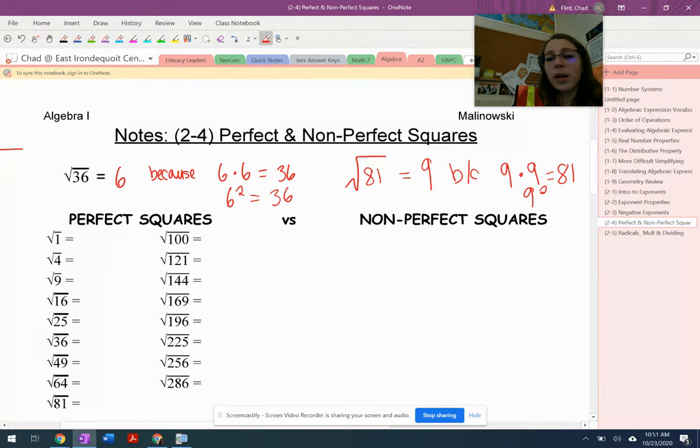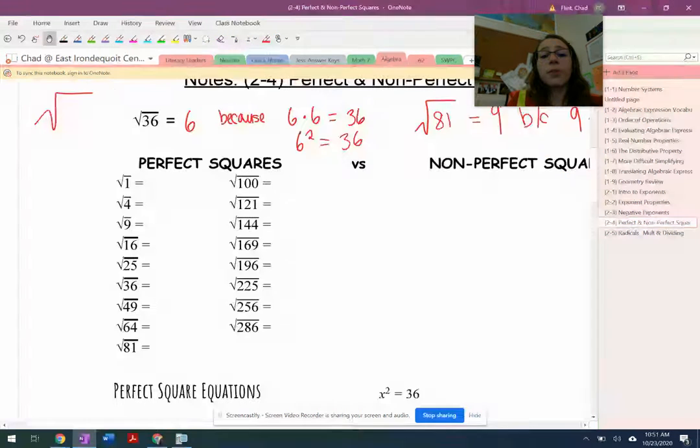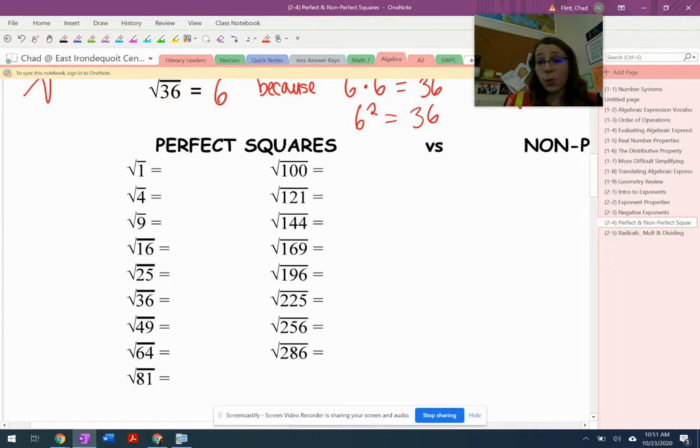Those are both examples of what are called perfect squares, because they come out to be that nice, normal whole number.